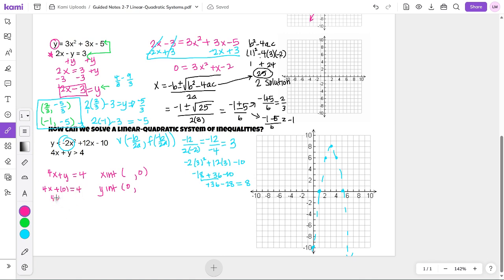So 4x equals 4, or x is 1. And for my y-intercept, I'll plug in 0 for x. So 4 times 0 plus y equals 4. So y equals 4. Right? So I go to 1, 0. There's an intersection point. And I go to 0, 4. And then I can draw my line from there.